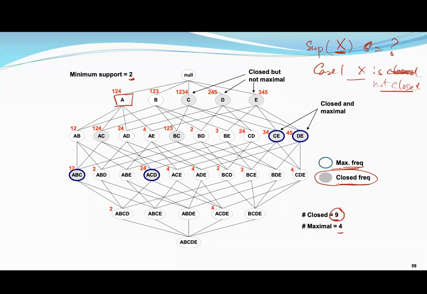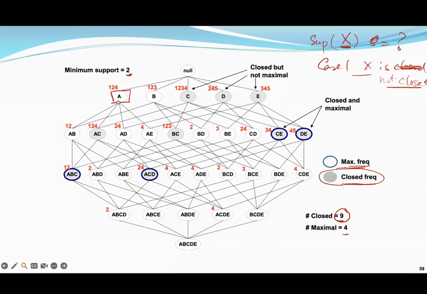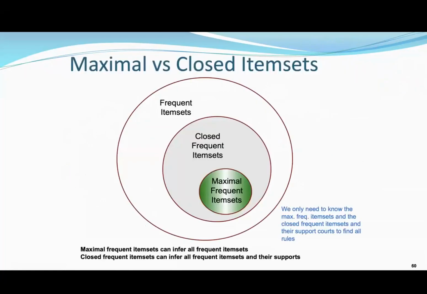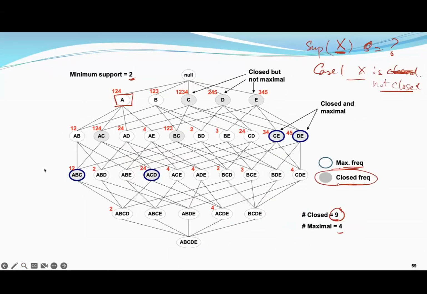Now, since A is not closed, by the definition, there must be an immediate superset of A whose support count is equal to the support count of A.